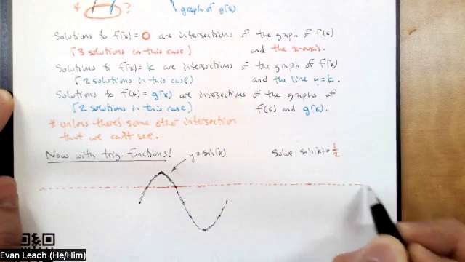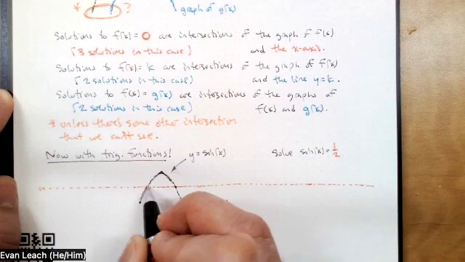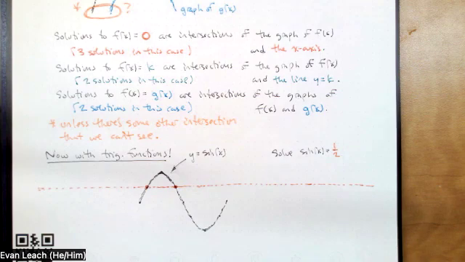And you should be all suspicious. Why is the red line going all the way across the page? So we see these two solutions, pi over 6 and 5 pi over 6. And we can see that's the first quadrant and the second quadrant where sine is positive.